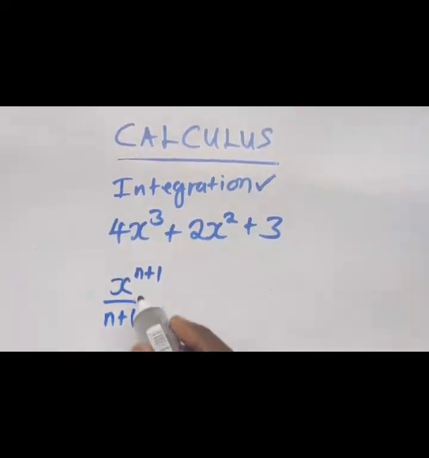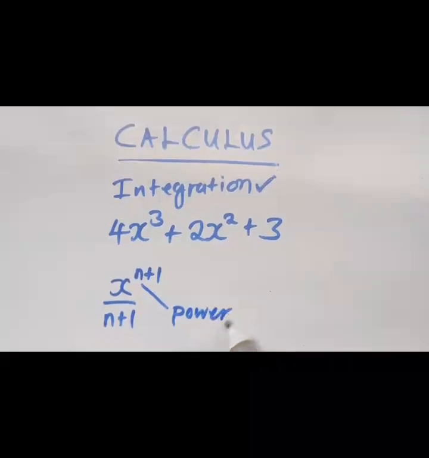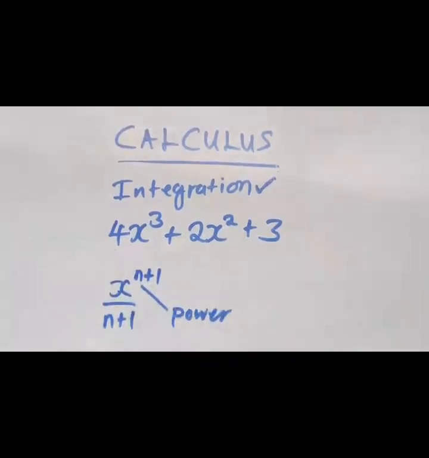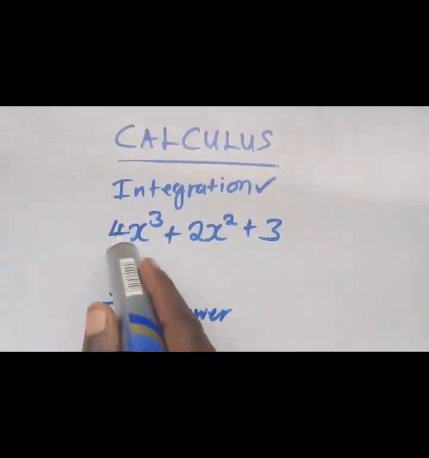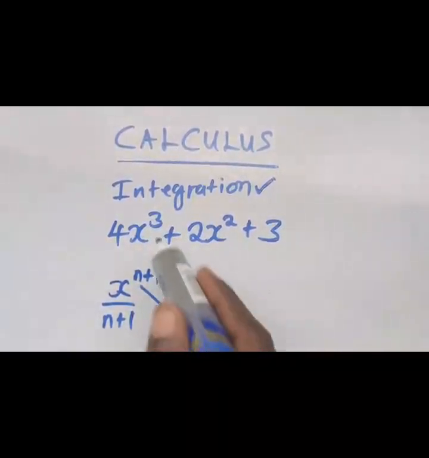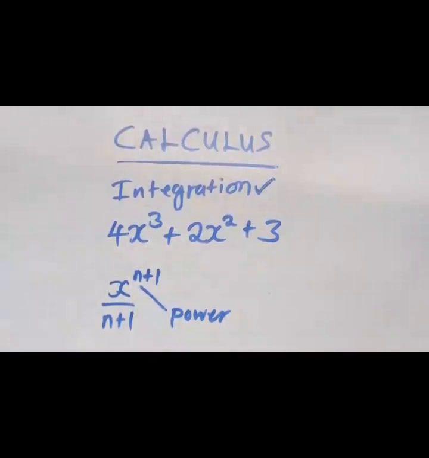Remember, in the previous video I said that n represents the power. Then x is just a letter that is attached to a certain coefficient or number. Here 4x has power 3. That is the power that I am talking about.